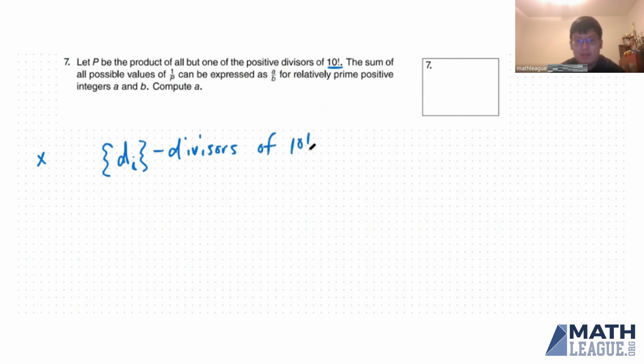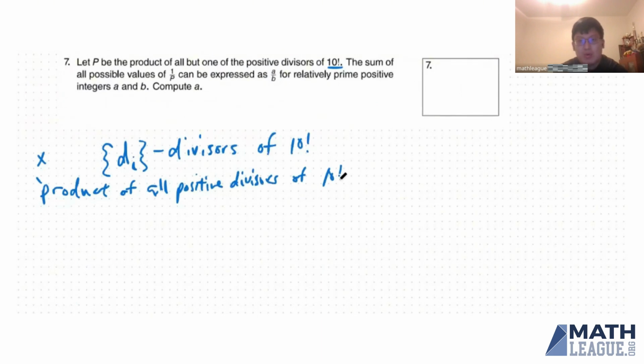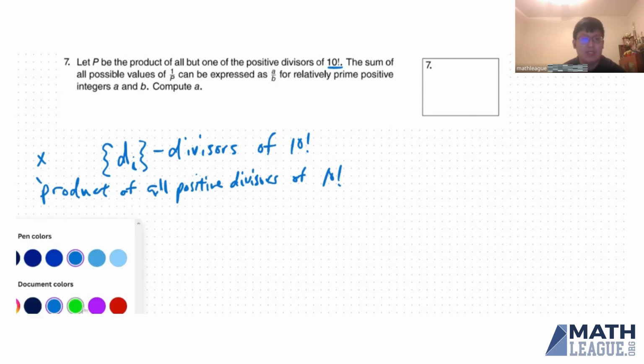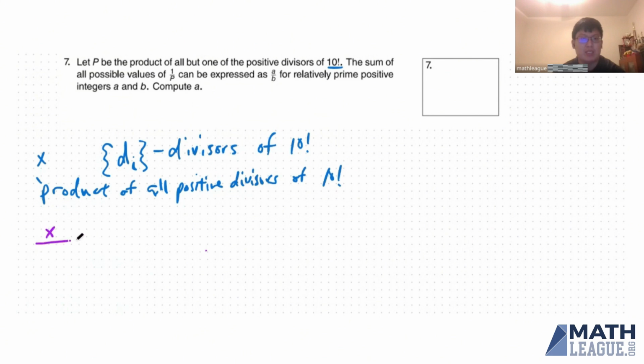The positive divisors of 10 factorial are the set d sub i for i up to the number of divisors that 10 factorial has, and x we're going to have be the product of all positive divisors of 10 factorial. So we know that the value of P is just going to be x over d sub n, the nth factor.